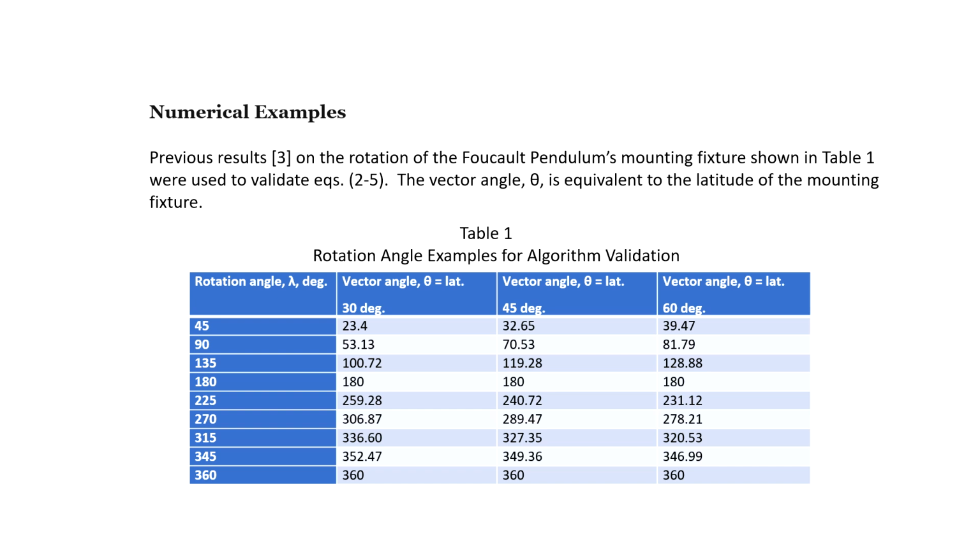And these angles were never presented with Rodrigues' rotational formula. And you'll notice that at 180 degree rotation, the rotation about the vector axis is also 180 degrees, and the same is true for 360 degrees. The vector axis is 360 degrees, so that's an interesting result there.